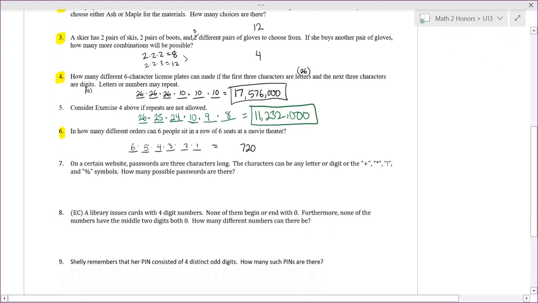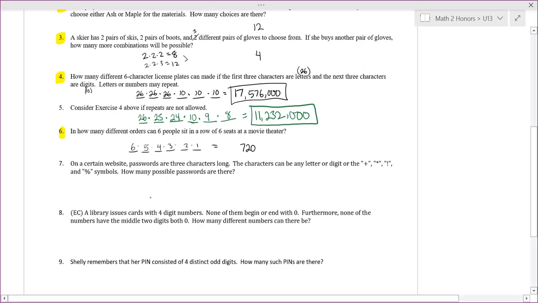Alright, skipping now to number 7. On a certain website, passwords are 3 characters long. The characters can be any letter or digit or these symbols, the plus, times, and so on. How many possible passwords are there?